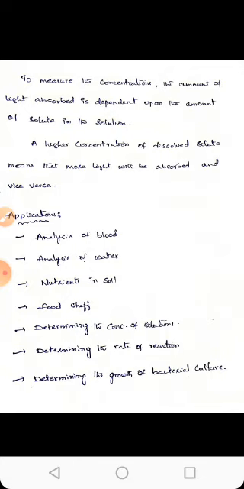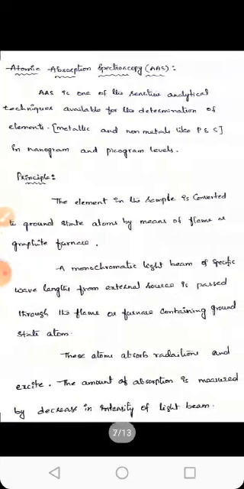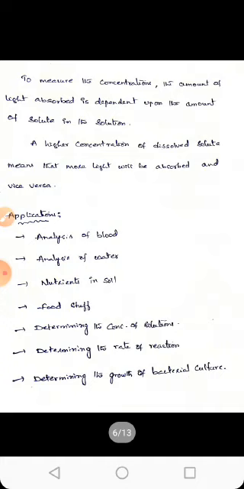We can also determine the rate of reaction, and the bacterial growth of a bacterial culture. So these are the applications of the colorimeter: mainly the analysis of blood, analysis of water, nutrients in soil, foodstuff, determining the concentration of solutions, and determining the rate of reaction.